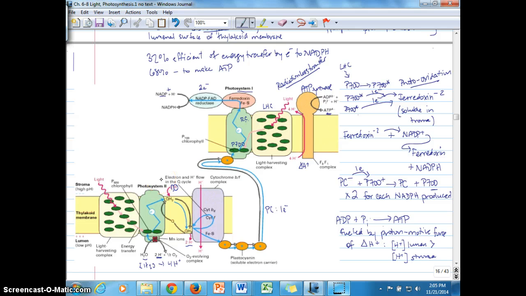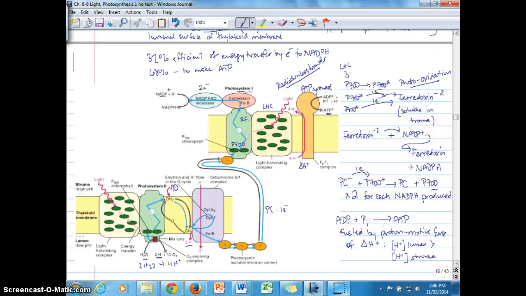So the synthesis of ATP is one of those critical outputs from the light reactions. ATP is used in the Calvin cycle, which we saw earlier in our overall view of photosynthesis. And in fact, the Calvin cycle requires more ATP than NADPH. And ATP is also used in other components of the chloroplasts, other reactions as well.